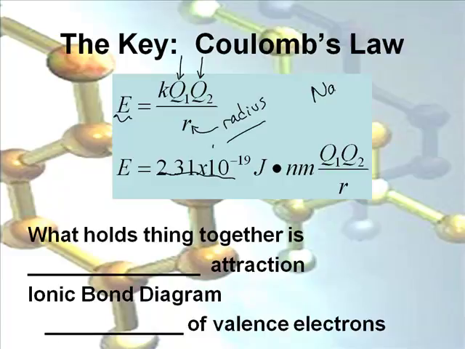If I have, for example, sodium and chloride, Na positive and Cl negative, Q1 would be positive 1 and Q2 would be negative 1, and hence that gives you the answer. I guess there's no T in there, so there's no tape term.